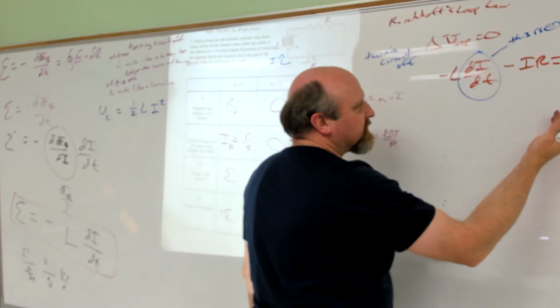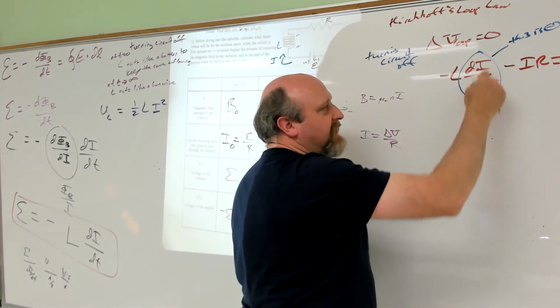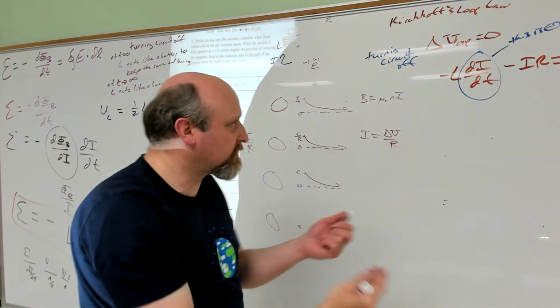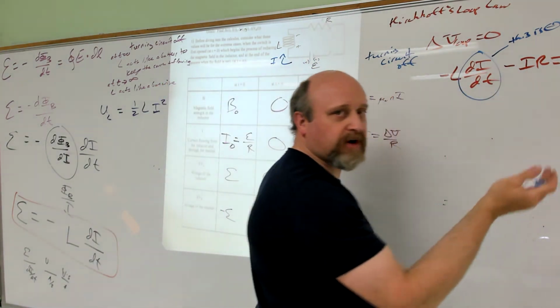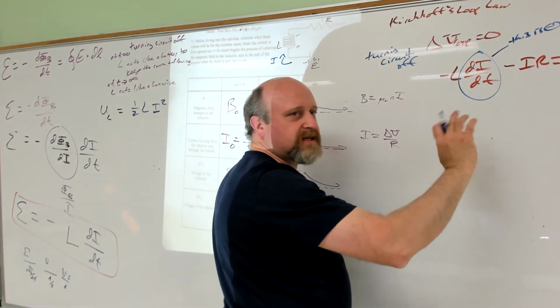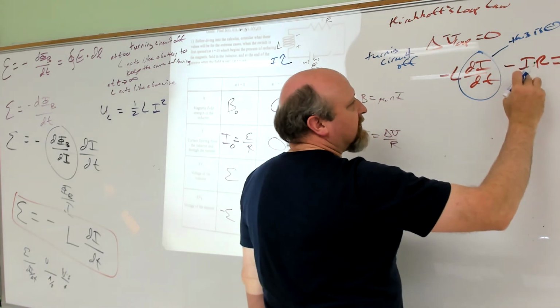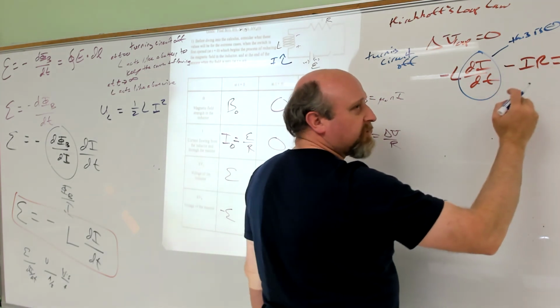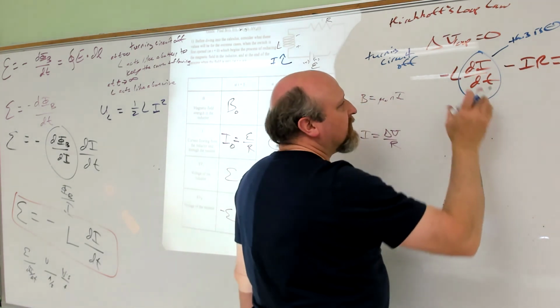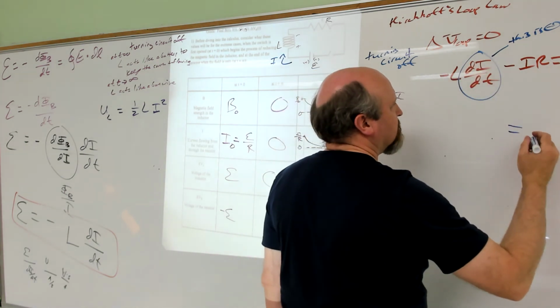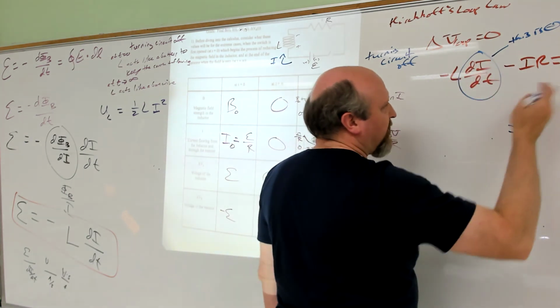I just want I as a function of time. I have I and di/dt, so it's a differential equation: a variable and its derivative. I want to solve by separation of variables: get the i's and di's on one side, the t's and dt's on the other side, and integrate. I like to get my variable by itself, so let me move the IR to the other side.